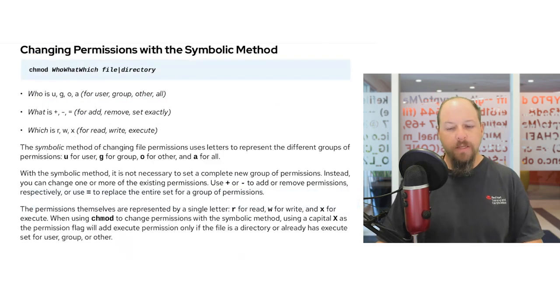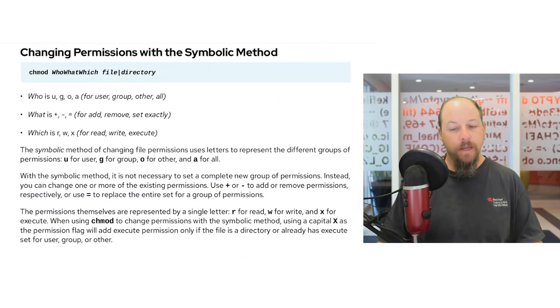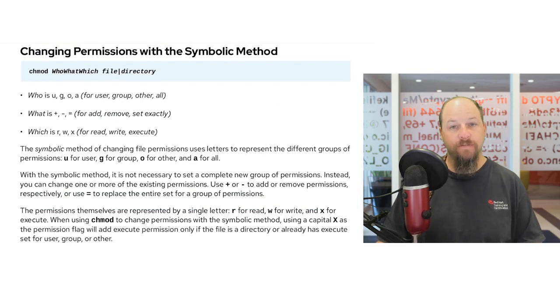There's a few ways we can use the chmod command in order to change the permissions on a file or directory. First, there's the concept of changing permissions with the symbolic method. When we use the symbolic method, we use the letters U, G, and O for the user, group, and other permissions.